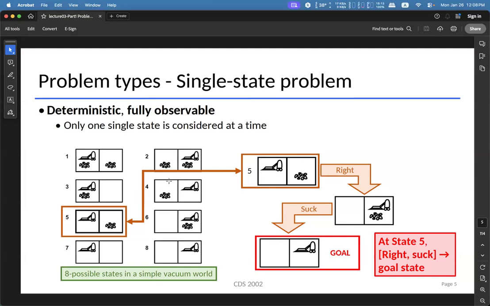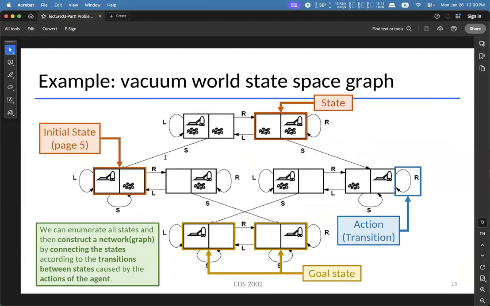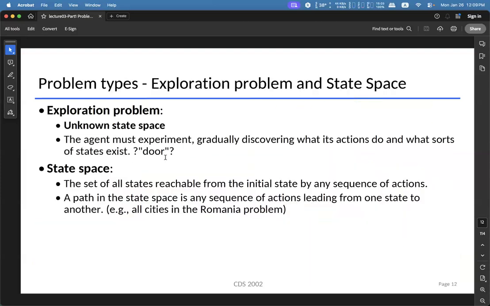And one more thing I forgot to talk about in the last lecture is the so-called exploration problem, where we don't even know what kinds of things are there in the environment, and the agent needs to learn about what is happening in the environment while it is solving the problem as well. So this is called the exploration problem.